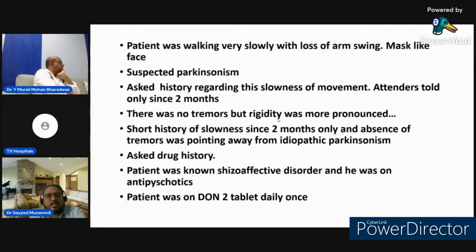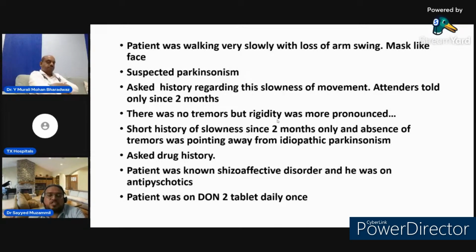He looked 70 years, but his walking was very slow. Doesn't look like this is due to his age. So I thought, is it idiopathic Parkinsonism? I asked him since how long he has had slowness of movement. The attenders told me that it was only 2 months, and most of the time he was lying on the bed. There was no tremor, but his rigidity was more pronounced.